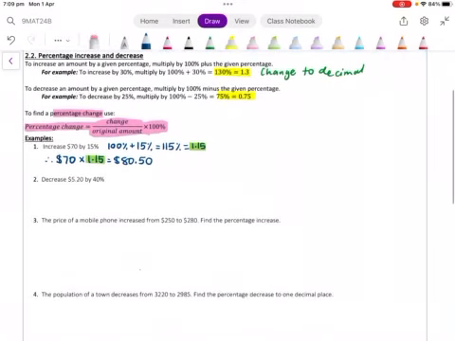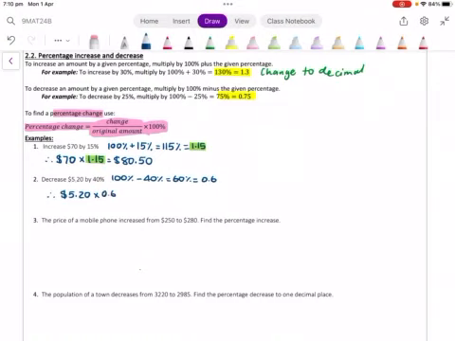To decrease $5.20 by 40%, we go 100% minus 40%, which is 60%, and then we change our 60% to a decimal, which is 0.6. Therefore, to decrease $5.20 by 40%, we go $5.20 times 0.6.